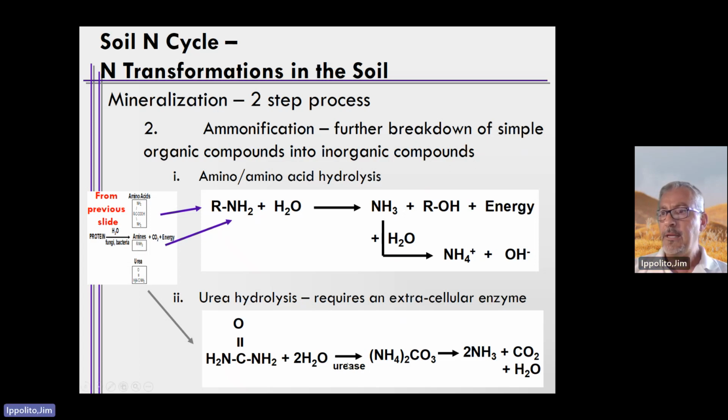So water and the presence of this enzyme converts urea to ammonium carbonate, which can dissociate or break apart or react and form ammonia gas plus CO2 plus H2O, carbonic acid. Ammonia gas here can be converted in the presence of water to ammonium. And this two-step process that you saw on these two slides is actually the mineralization process.